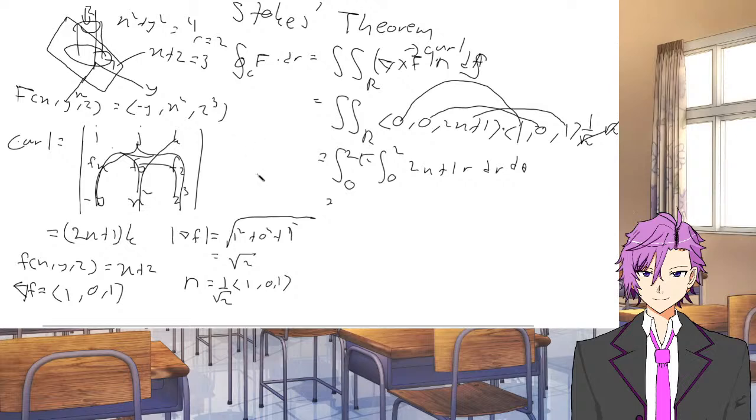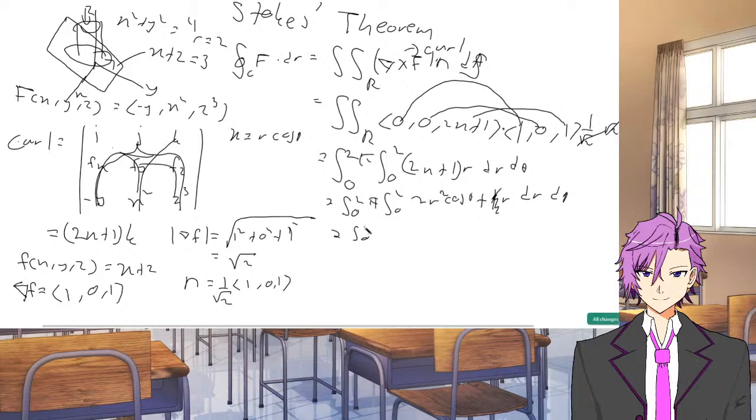So we have to change the 2x plus 1 to, x equals r cos theta. So 0 to 2 pi, 0 to 2, (2r cos theta plus 1) r, which is 2r squared cos theta plus r, dr d theta.